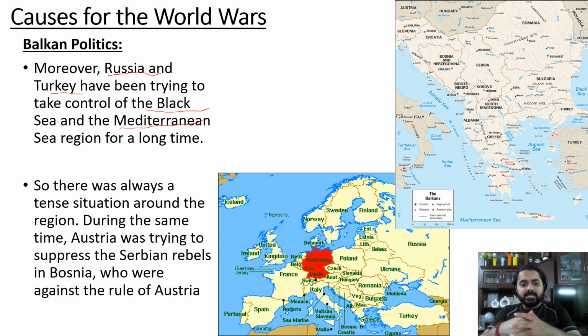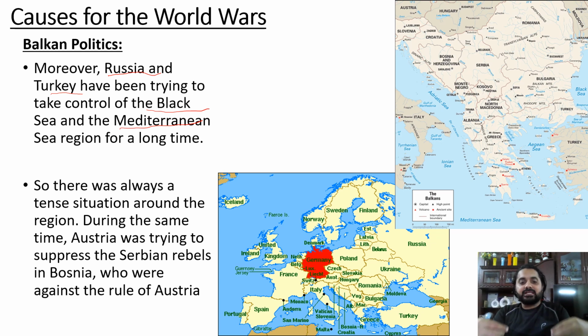And at the same time, Austria was trying to suppress the Serbian rebels in Bosnia. Austria actually annexed Bosnia in the year 1908, but Serbians were not happy with this decision because they thought of creating Greater Serbia, which included Bosnia and Herzegovina. So, when Austria annexed Bosnia, Serbians did not like it.